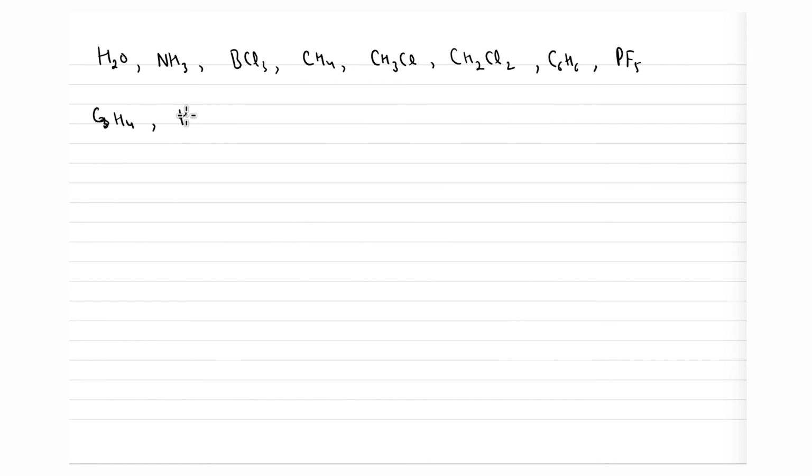Then H2O2, then C2H4, C2H2Cl2, and you can do cis and trans both conformations. Then we have staggered.